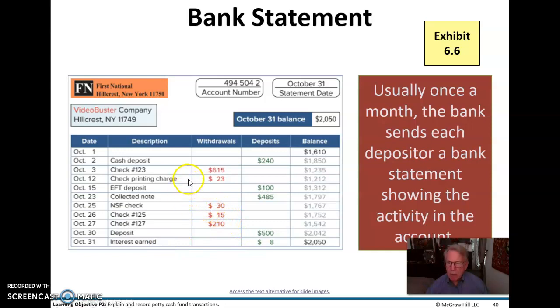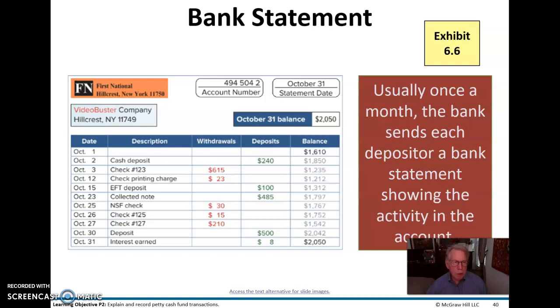We have some other items here involving some checks that have cleared. We can see that check 124 and 126 have not cleared the bank yet. And so it gives us an ending balance of $2,050, and we go from there. You'll see that in a second when we go through the bank reconciliation.